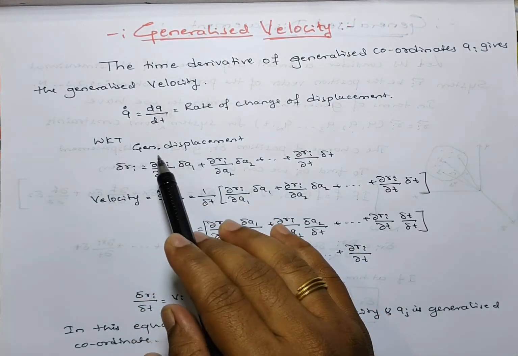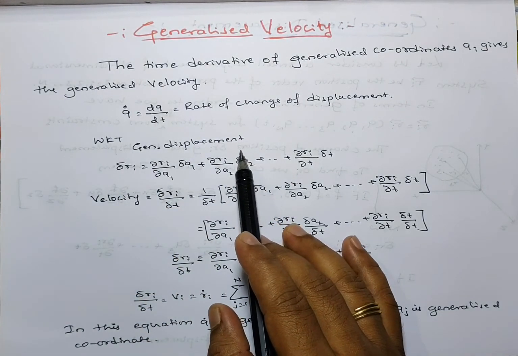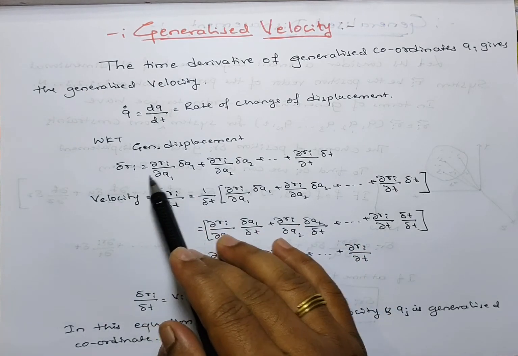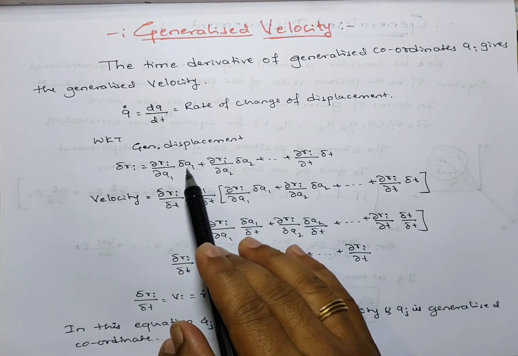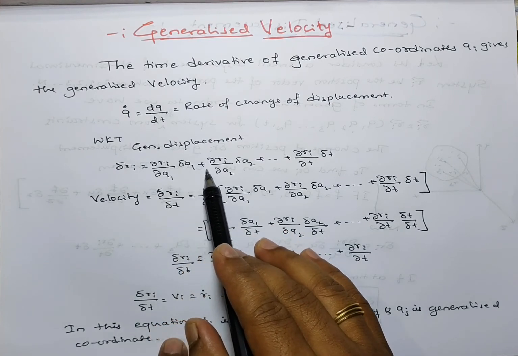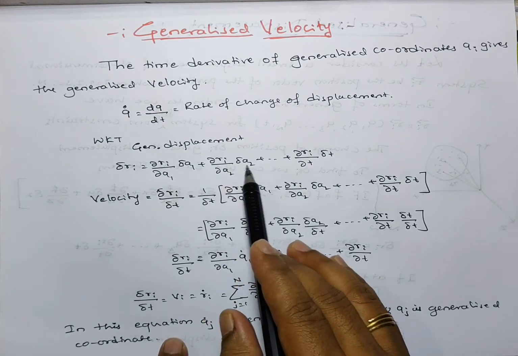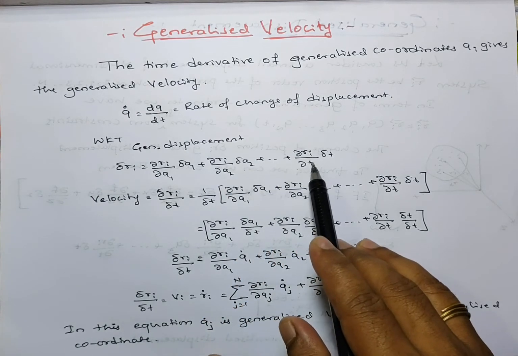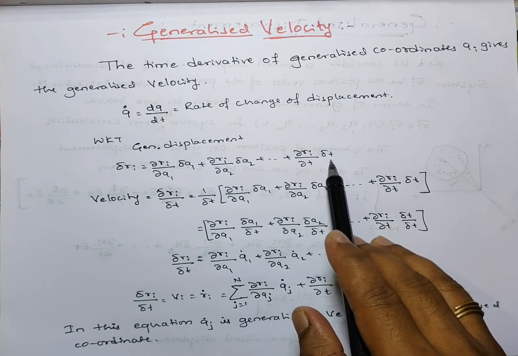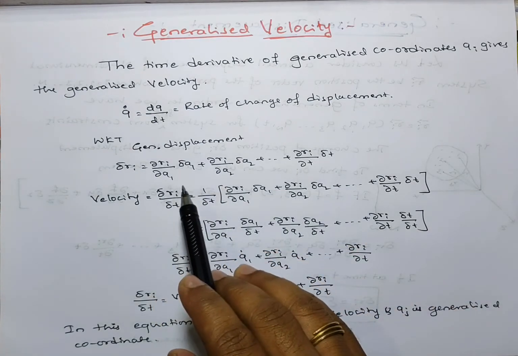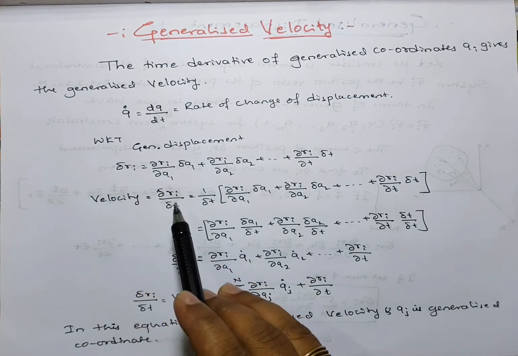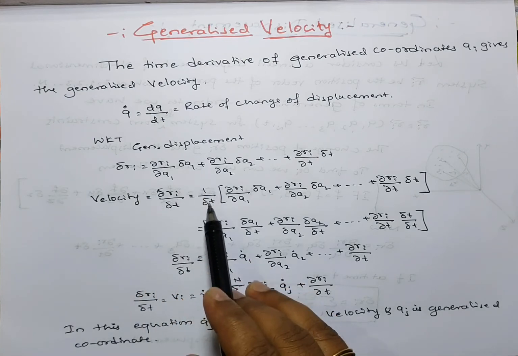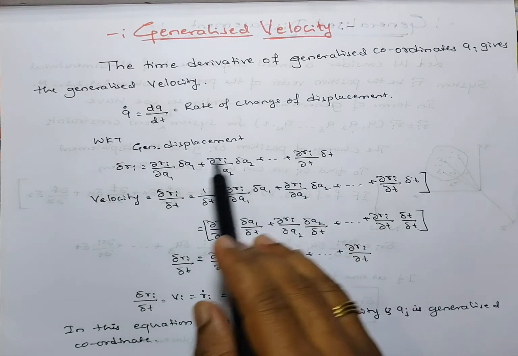We already know the generalized displacement from the previous derivation: del ri is equal to dou ri by dou q1 into del q1 plus dou ri by dou q2 del q2 plus and so on, plus dou ri by dou t del t, right? Now I am going to divide by del t on both sides. So del ri by del t is equal to 1 by del t times this whole term.